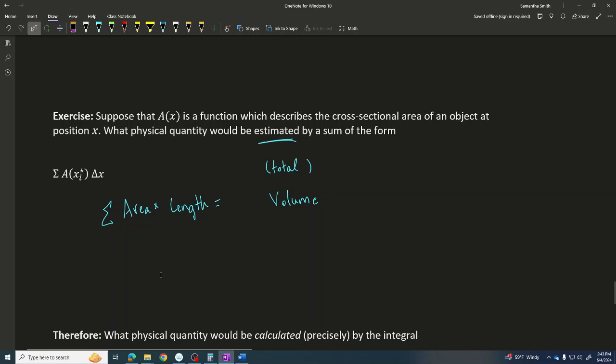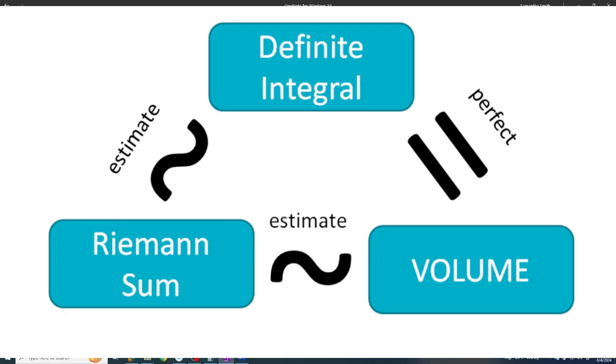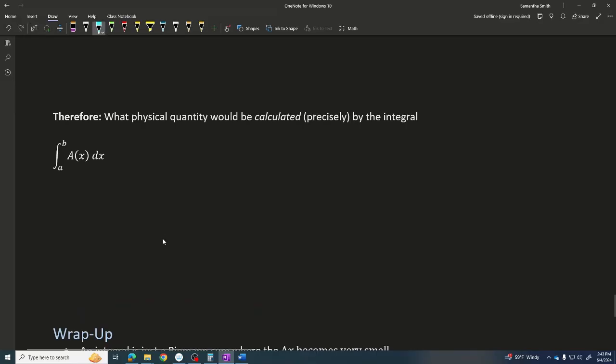But as you collect more data, and as the gaps between your data get smaller and smaller, then that estimate begins to become perfect. And as that delta x gets smaller and that Riemann sum becomes an integral, then you're still calculating total volume. But this time there's no error anymore. It's not an estimate anymore. It's a perfect calculation.